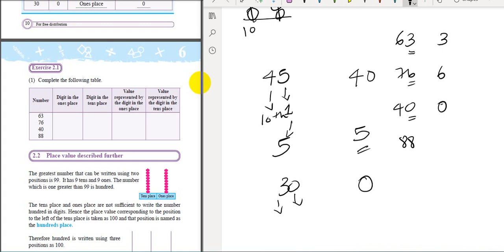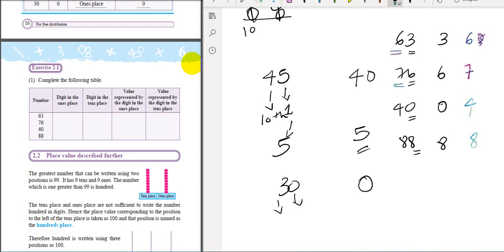And 88, this is ones place, so 8. The tens place digit is in the tens place. So we have to put only 3, 6, 0 and 8 as the digit in the ones place. Value represented by the digit in the ones place.